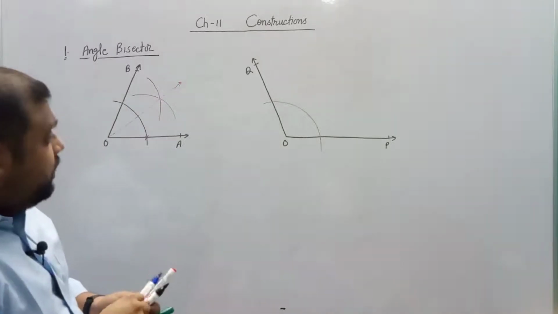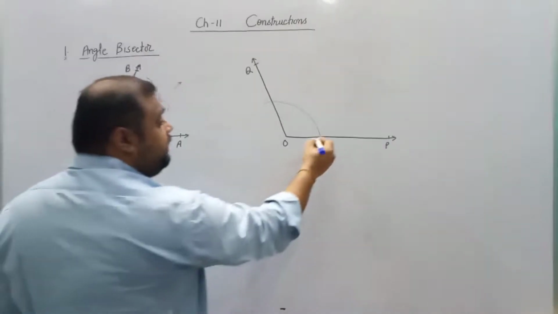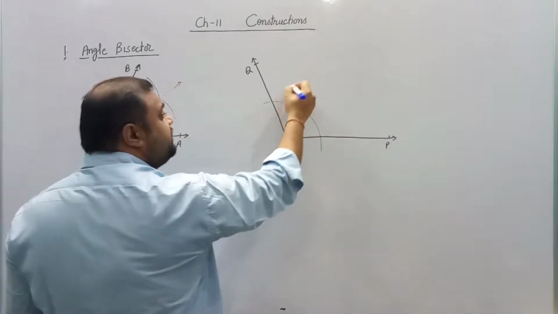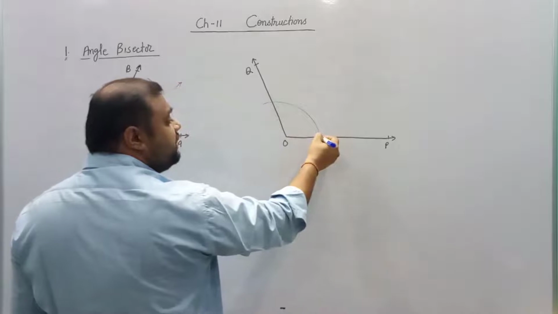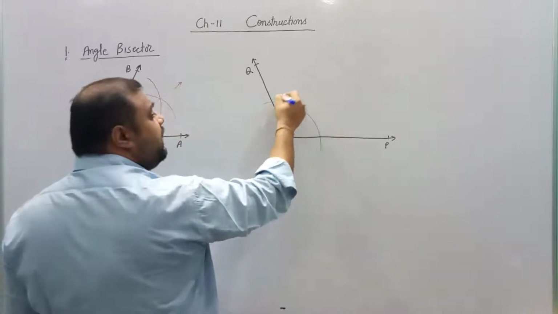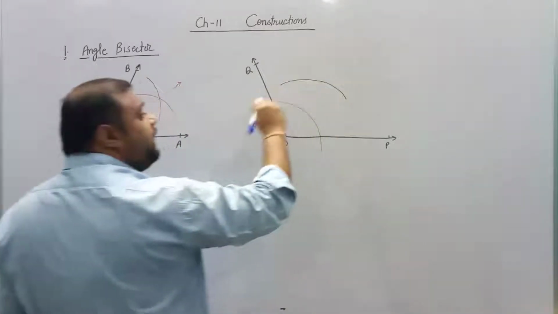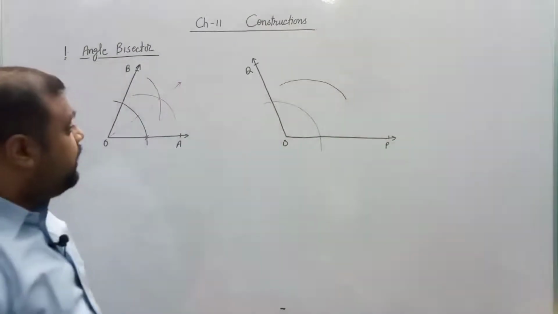Now taking this point as center and radius more than half of this arc, we have to take it by approximation.